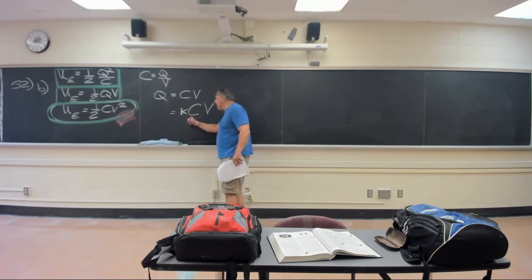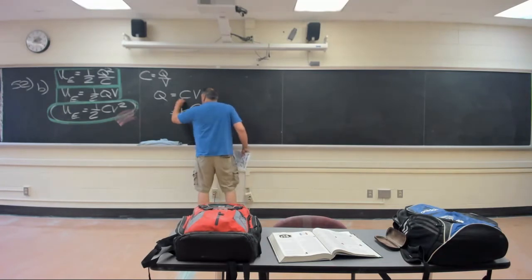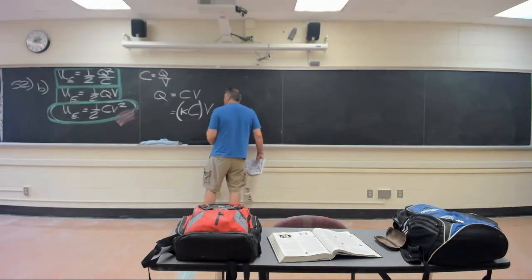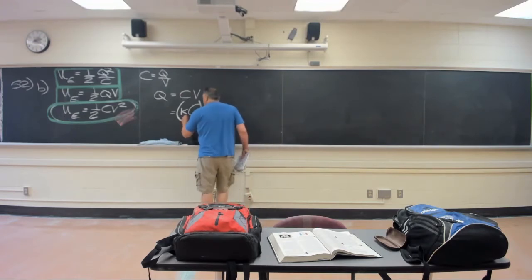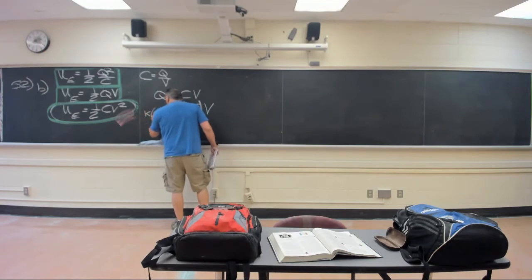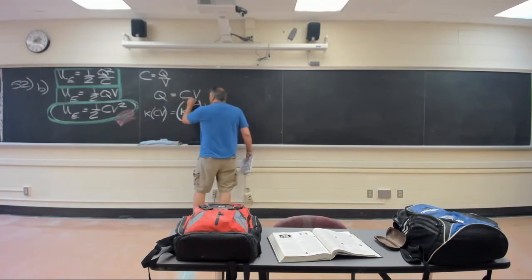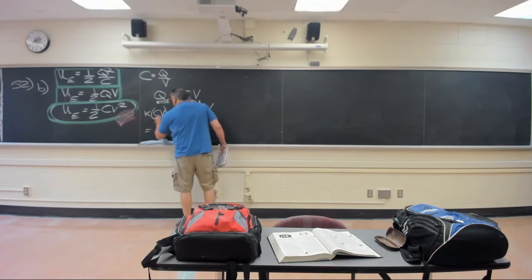Well, that's your C then. What's C times V? Well, wait a minute. Didn't we already say that, kappa times this, pull that out of here, you got CV. Yeah, I know, but CV was Q. That's Q.